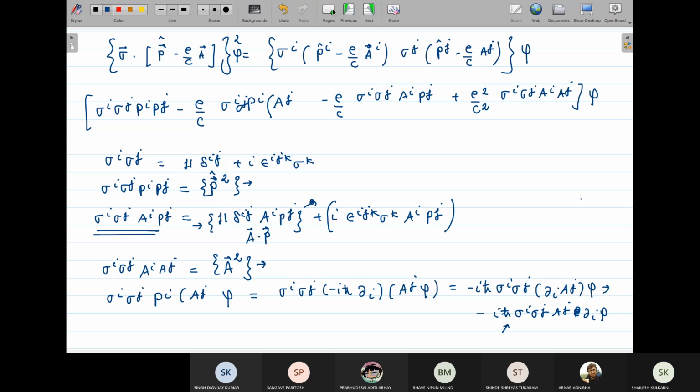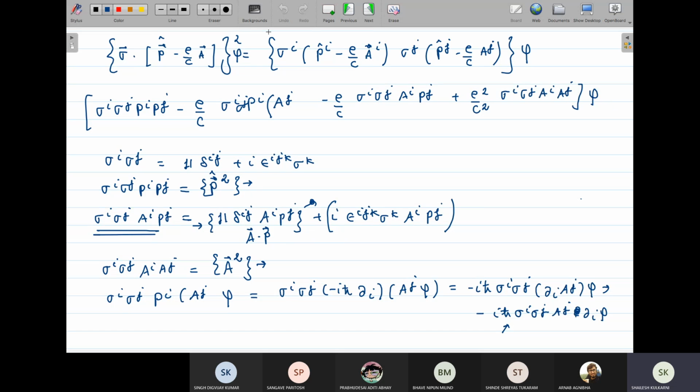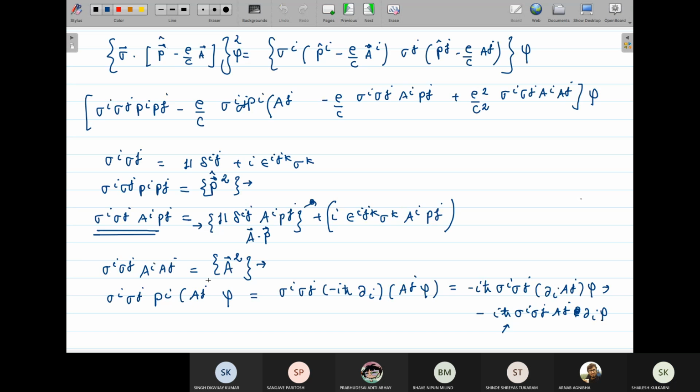Sigma i, sigma j, ai pj, plus sigma i, sigma j.